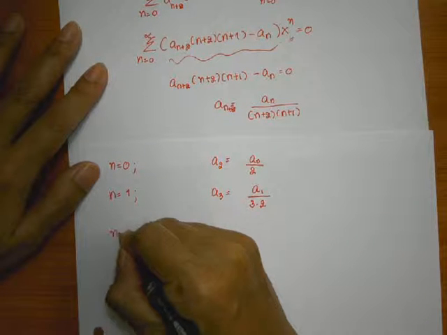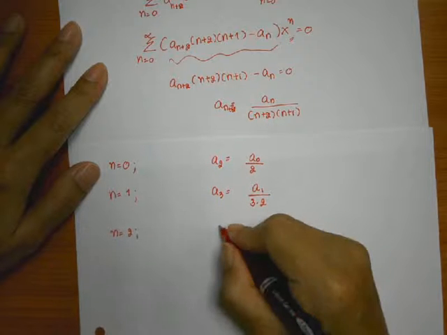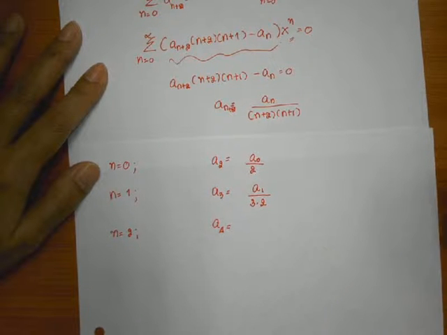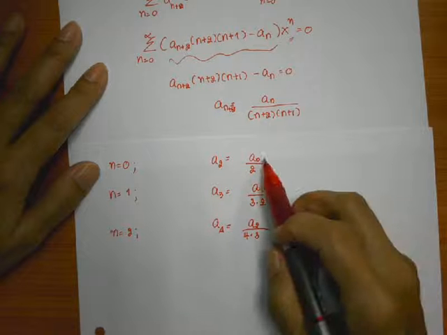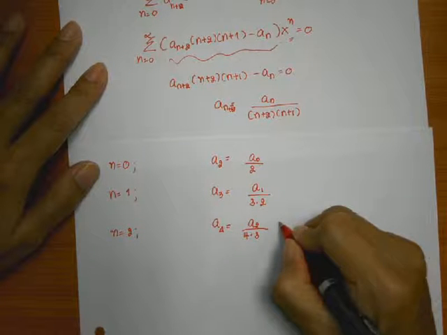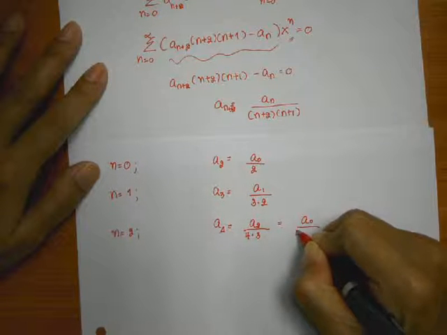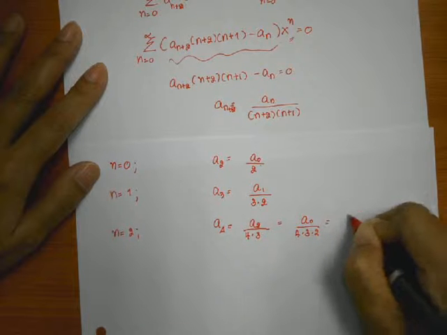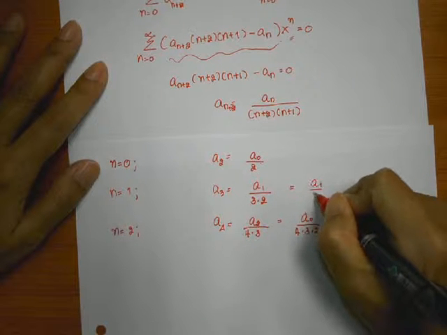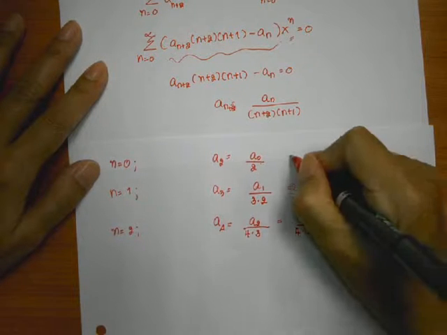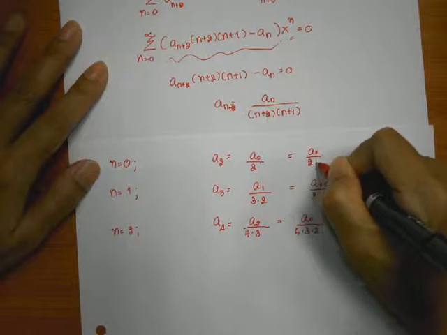If n equal to 2, you would get a4 equal to a2 divided by 4 times 3. But you know that a2 is in the form of a0, so you would get a0 divided by 4 factorial, right? And this one is a1 divided by 3 factorial, and this one is a0 divided by 2 factorial.